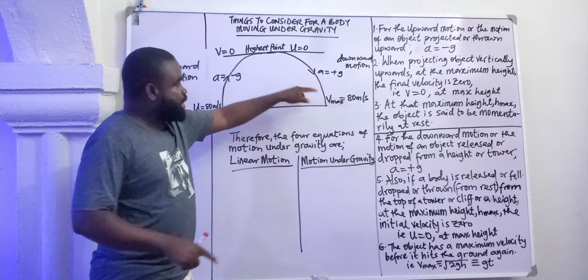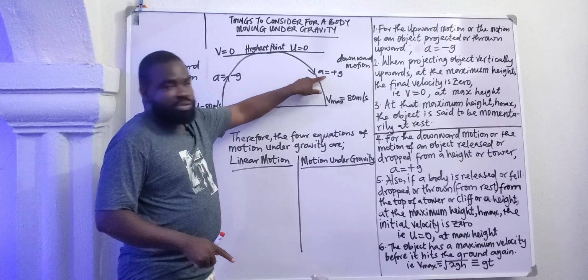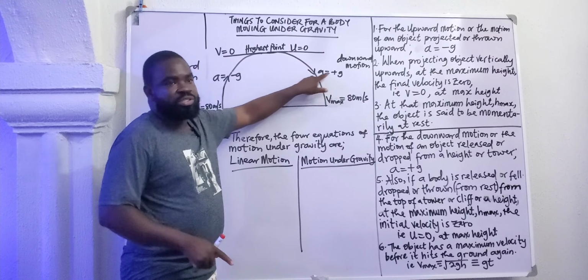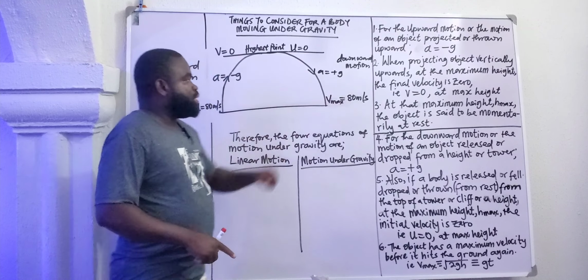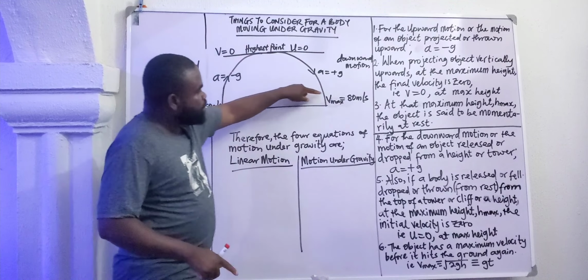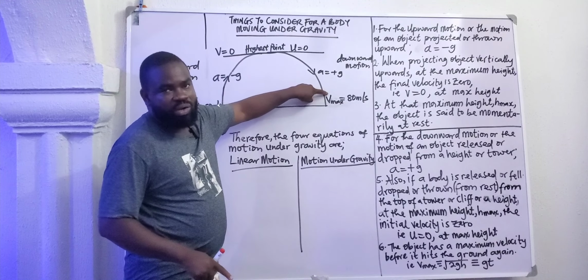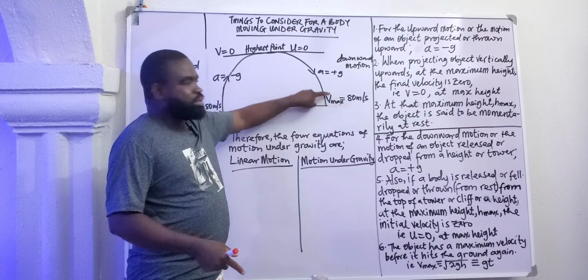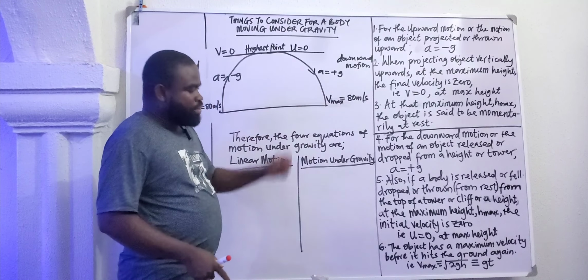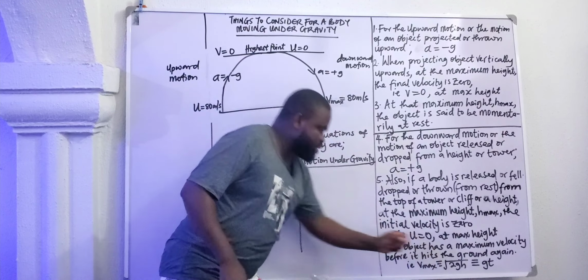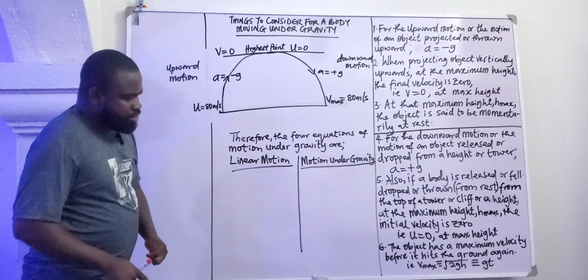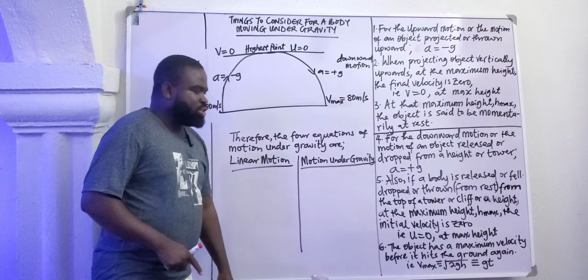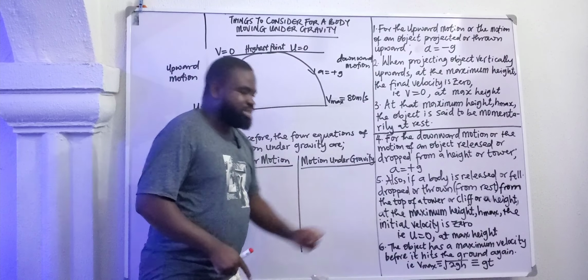The body is moving in line with gravity, so the acceleration is positive. Also, the body will attain a maximum velocity before hitting the ground, given as what? Vmax. We will tell you in the equation it can also be obtained using the square root of 2gh, or g times time.